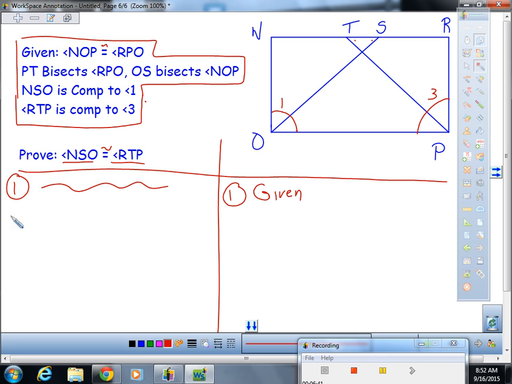So, step 2. What I want to do is I want to utilize this piece of information right here. Okay? So, we've got two angles right here that are marked in red. Okay? And they are congruent to each other. But then they both get bisected. So how is angle 1 related to angle 3? Very good. Angle 1 is congruent to angle 3 by what?